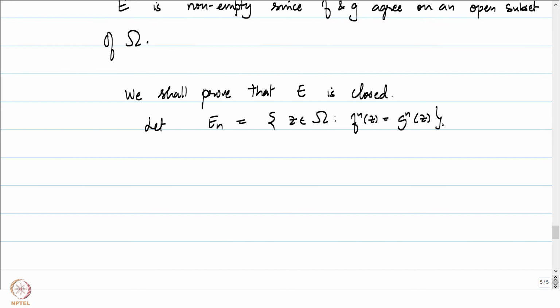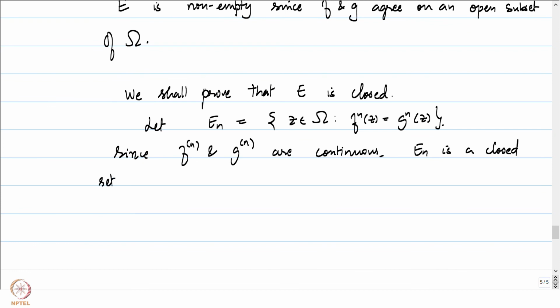Similarly, the nth derivative of g is also a continuous function, and therefore the set E_n where f^(n) and g^(n) are equal is going to be a closed set. Since f^(n) and g^(n) are continuous, E_n is a closed set. It is just the pullback of 0 under f^(n) minus g^(n).